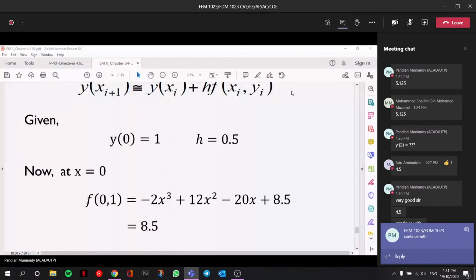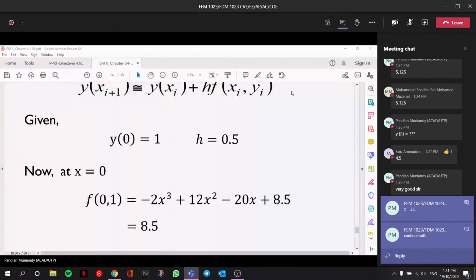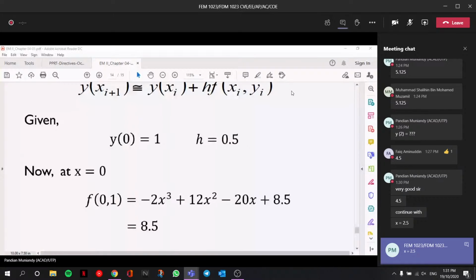Continue with the next, x at 2.5. So x 2.5, and then x equals to 3.